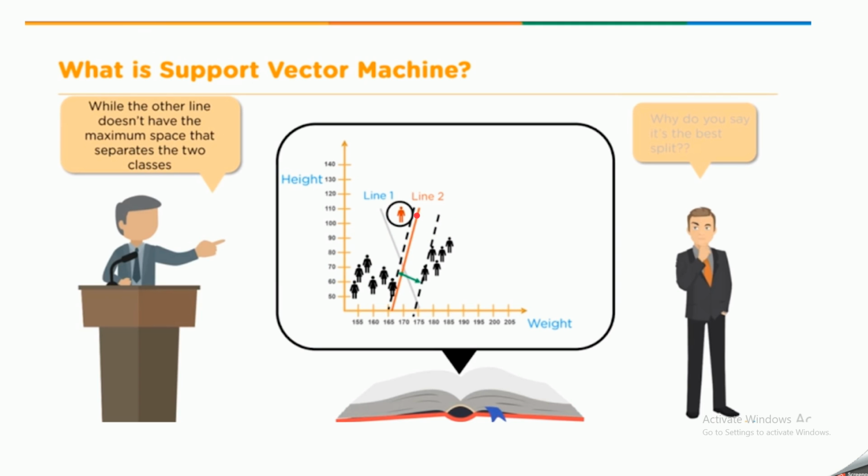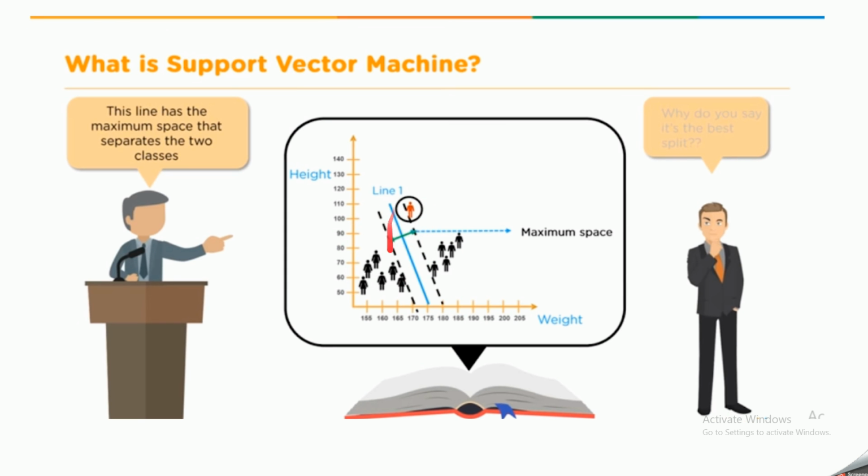This can be another possibility of drawing the line. So we have line 1 and we have line 2. Now we have to be very careful that the maximum space gets covered on either side of the line.